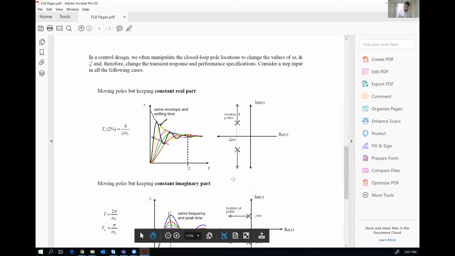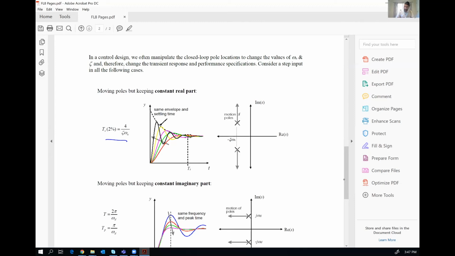In the previous lecture, I described these formulas where the settling time was given by 4 divided by zeta omega n. You can see that if I fix the real part of the pole, all the poles are going to decay according to the same exponential attenuation function, which is described by this dotted curve, which means that they are going to reach within 2% in the same amount of time.